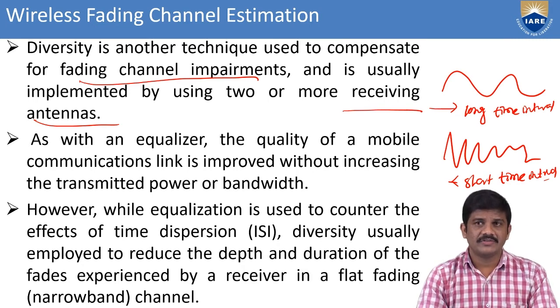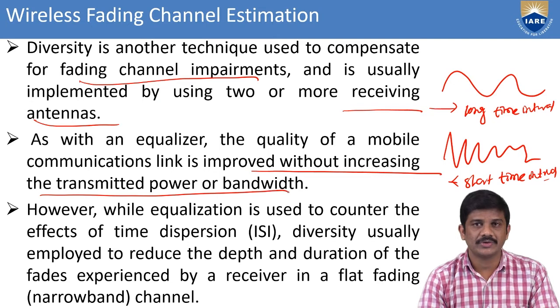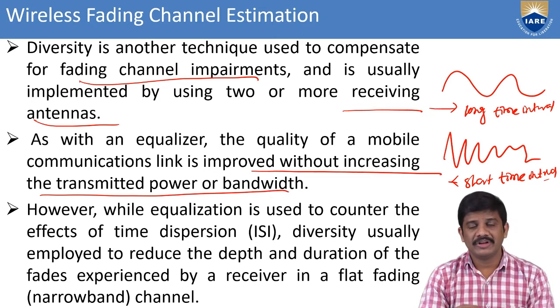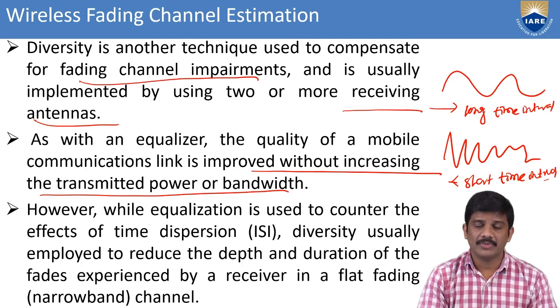With the equalizer, the quality of the mobile communication link is improved without increasing the transmitted power or bandwidth. If we increase the power or bandwidth, sometimes we can improve the links and the signal quality.